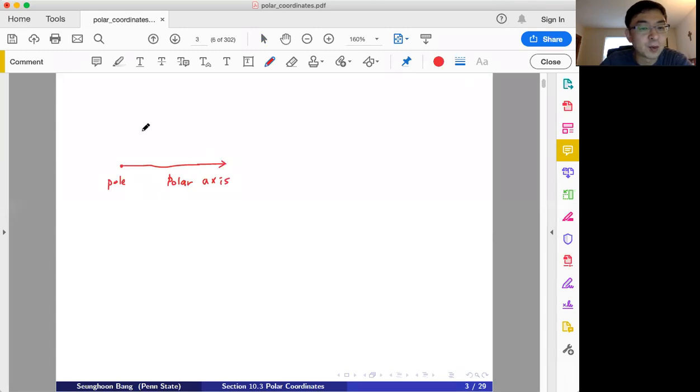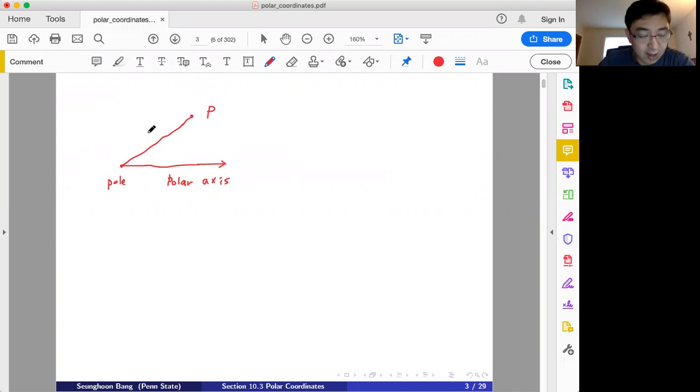You can choose any point on the plane. I can choose a point here. This point is P. How can you express point P? By using polar coordinates. You have to connect the pole and point P, like this.